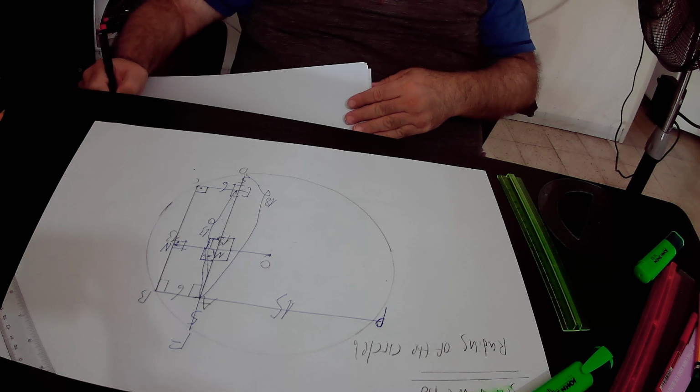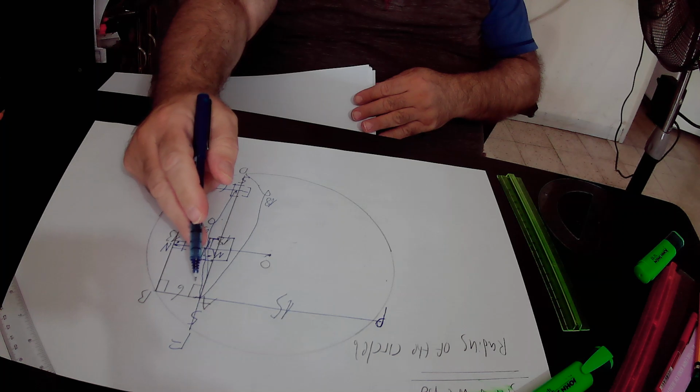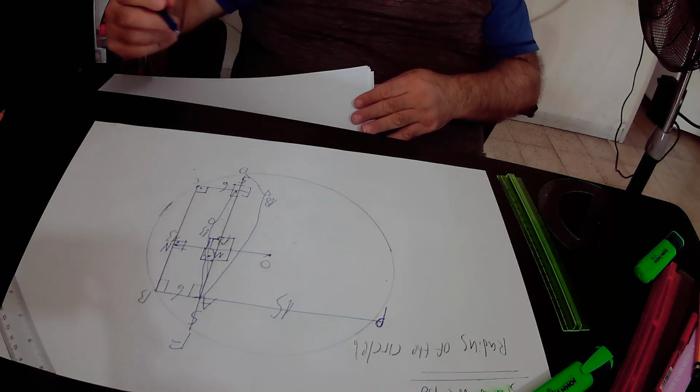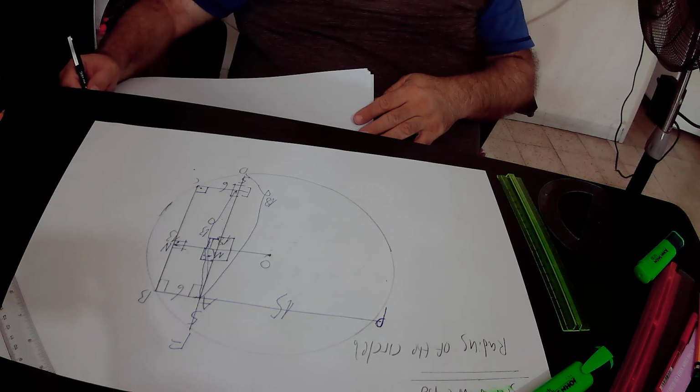That is to say, at the intersection point, point A, they create 90 degrees between them. This angle equals 90 degrees.